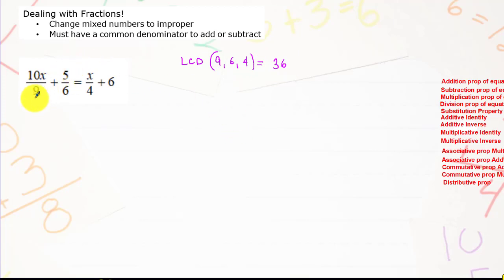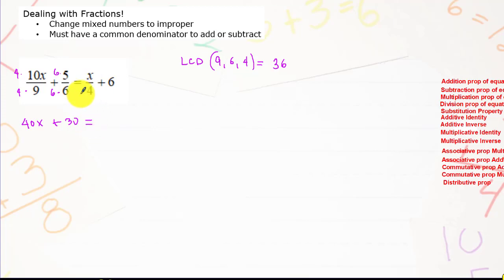All right, so how can I make this equal to 36? We need to multiply this by 4. So times 4 here, we'll get 40x over 36. To make this equal to 36, multiply by 6, times 6 also, we'll get plus 30 over 36.